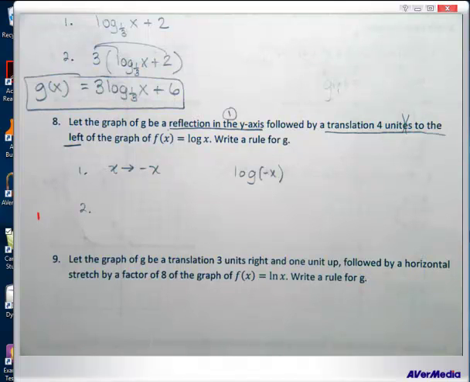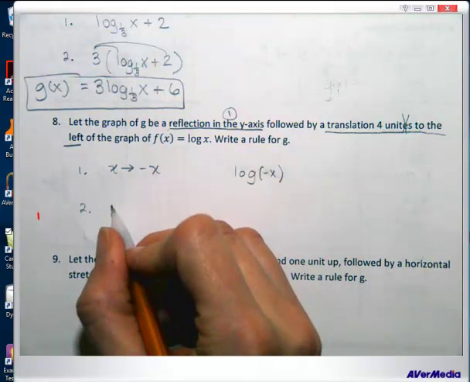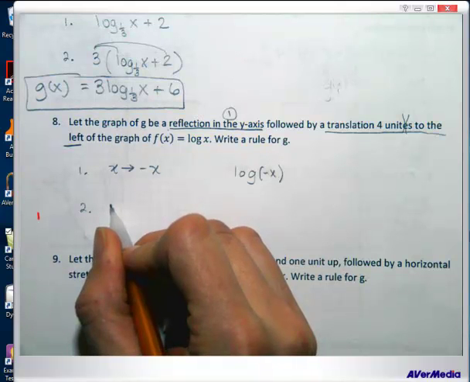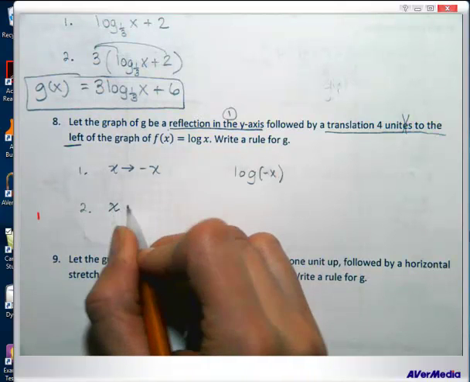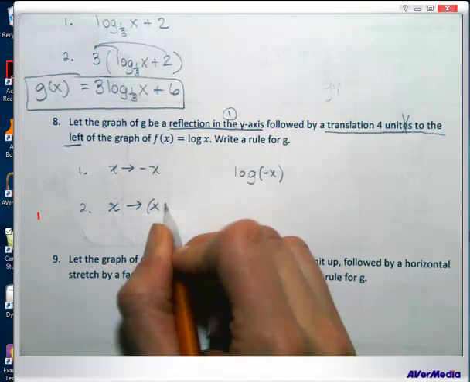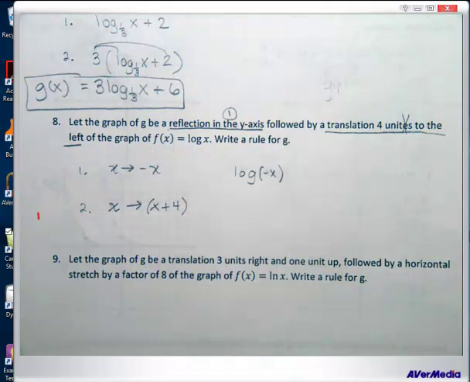Okay, translating 4 units to the left. Audrey, what would I have to do to translate 4 to the left? Okay, yes, you take the x, though, and you replace it with x plus 4. Why is that important?